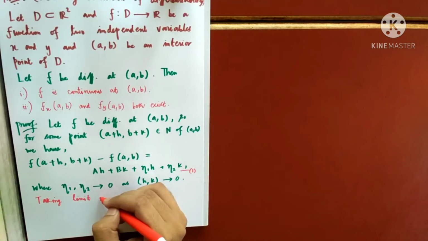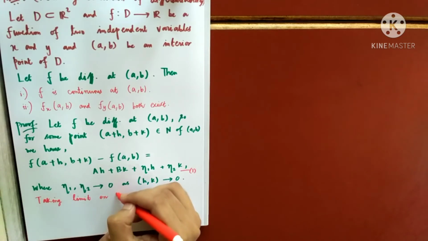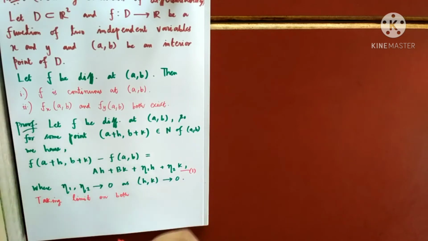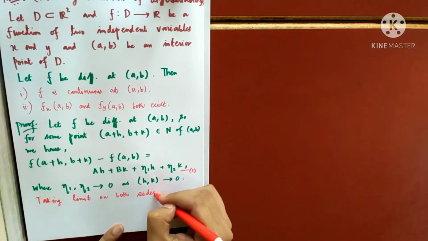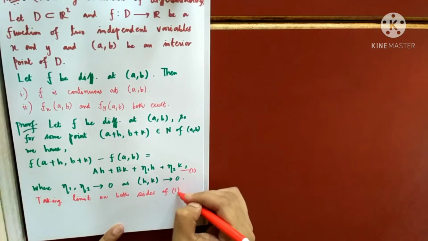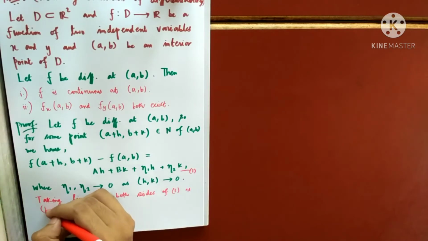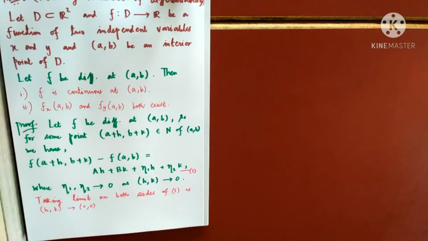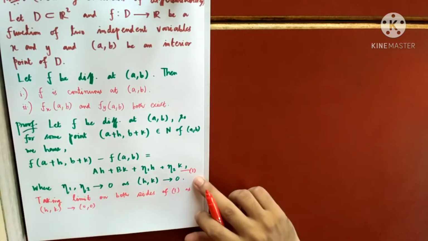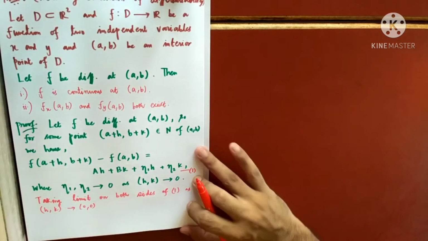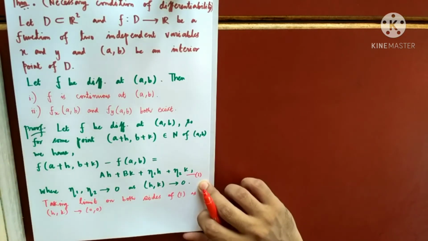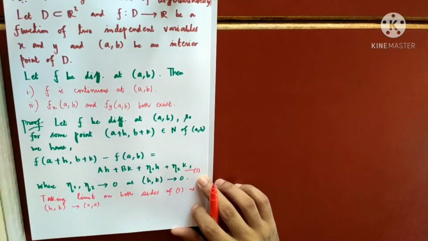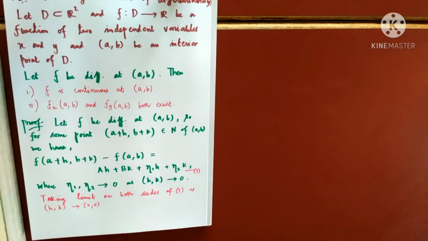Taking the limit on both sides of 1 as h comma k goes to 0 comma 0. Let's see what happens. We are taking the limit in equation 1 as h comma k tends to 0 0. Let's see what we are remaining with. Try to understand my point.